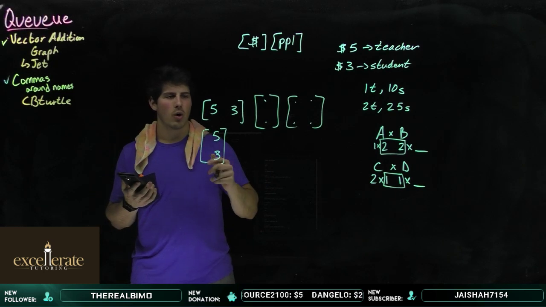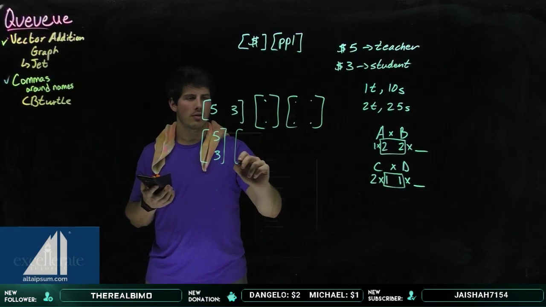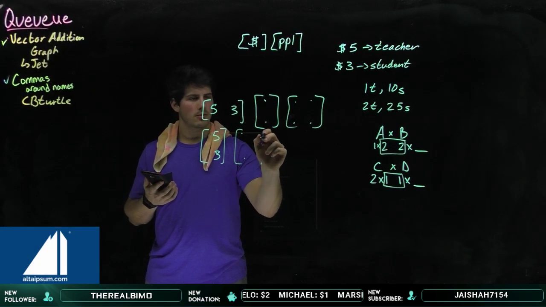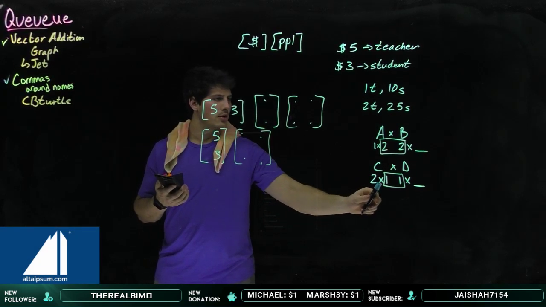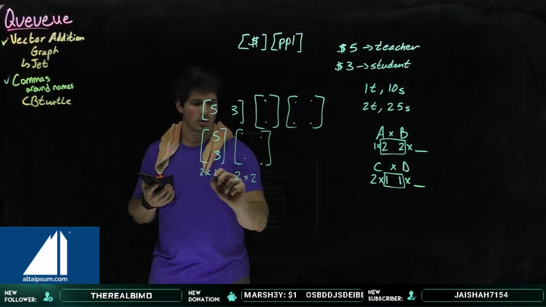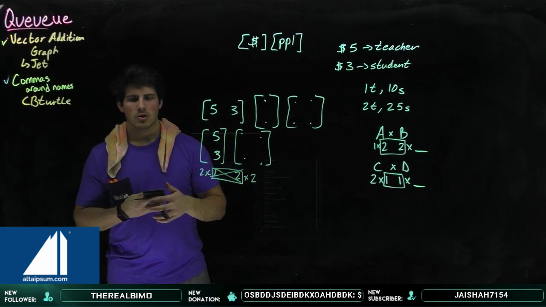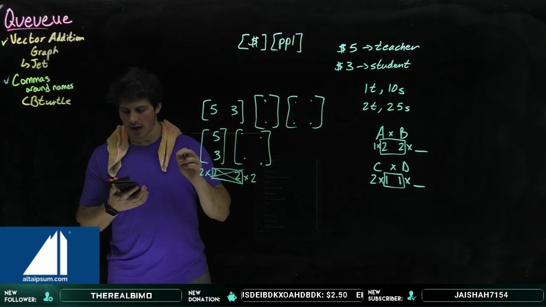But D and E won't, because we have a 2 by 1, and then we have 2 by 2s. If it's a 2 by 1 and a 2 by 2, these two values don't add up, so they're done. So already, we know that it's only going to be A, B, or C.